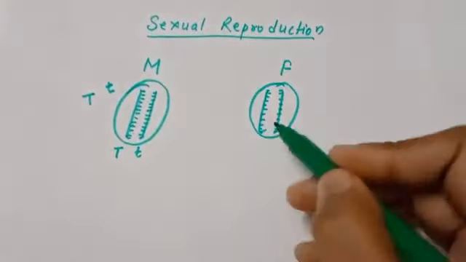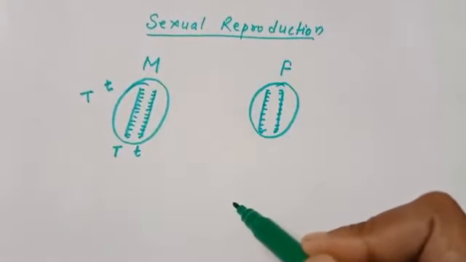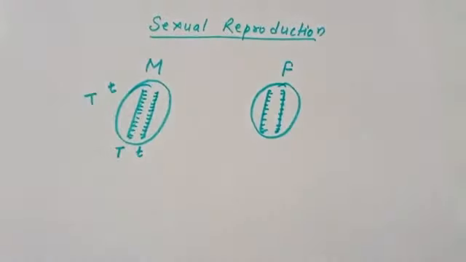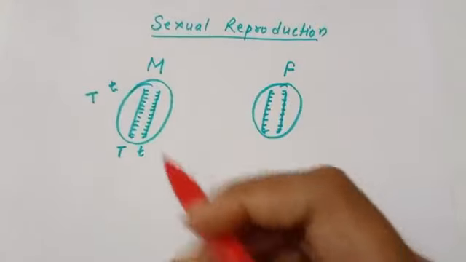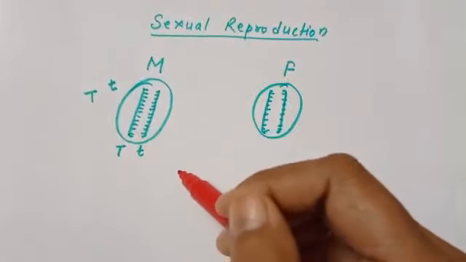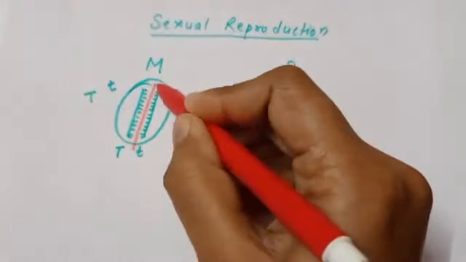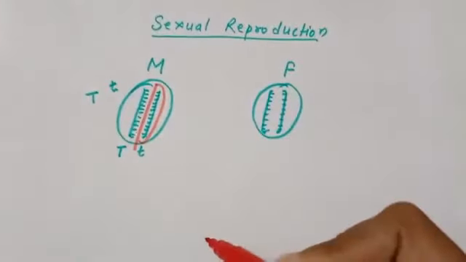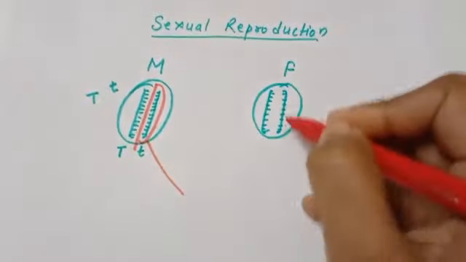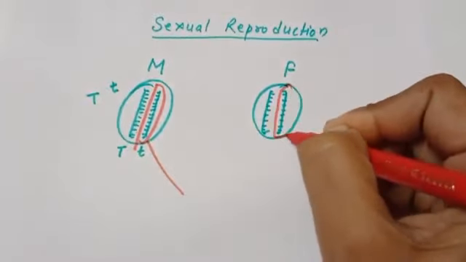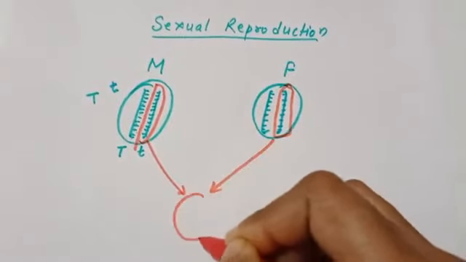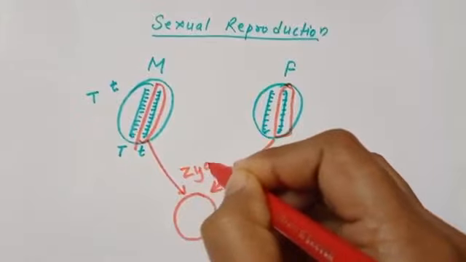So, when these two have to fuse together to form a zygote, what can happen? Both the sets of 46 cannot go, and that's why half of it goes to the next generation. From the female also, any one half will go to fuse and form the zygote.